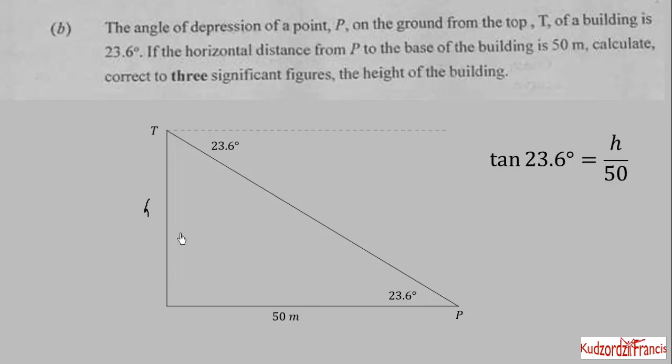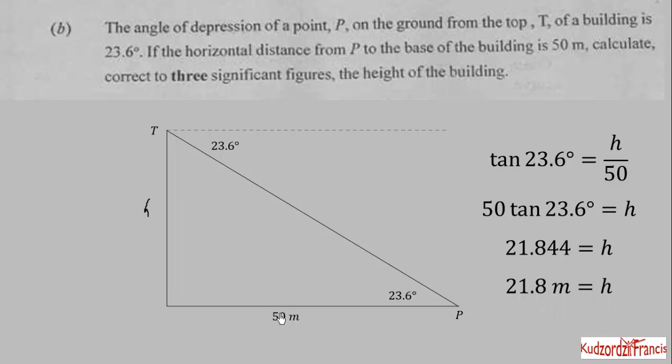Opposite is h and the adjacent is 50 meters. So h will be equal to 50 times tan 23.6, and that will give you 21.844. We are supposed to do it to 3 significant figures, and that will be 21.8 meters.